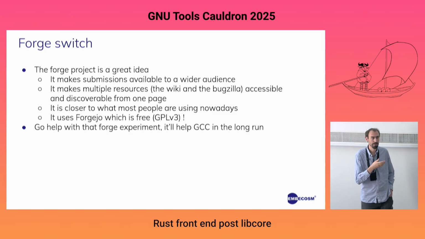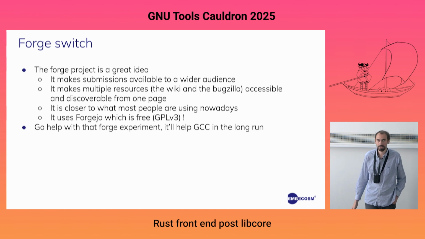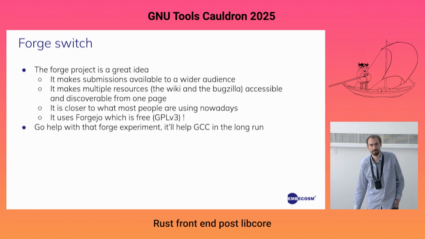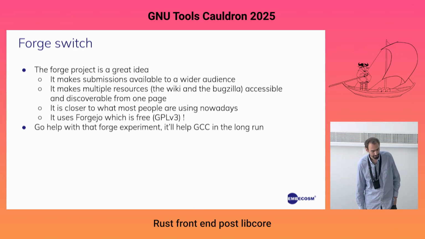I mean, you click on the issue link and you're redirected to the Bugzilla, and the wiki too. And it is a lot closer to what most people are using nowadays. And hopefully it will bring some youngsters to GCC. And yes, as I said, it is Forgejo, which is free and which is way better than GitHub, which is proprietary and awful.